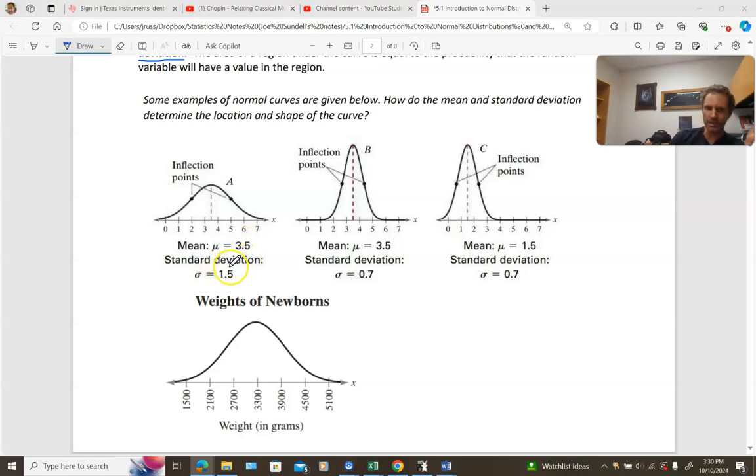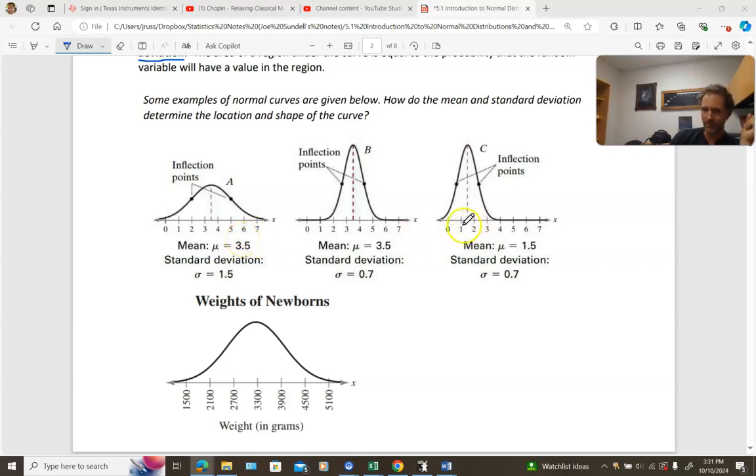And the reason is because the standard deviation is 1.5, as opposed to the standard deviation for distribution B, which is 0.7. Okay? So if you remember us talking about the coefficient of variation, the coefficient of variation for distribution B is much smaller. So that's why this is a much narrower distribution as opposed to that of distribution A. Okay, you guys remember the coefficient of variation was the standard deviation over the mean.